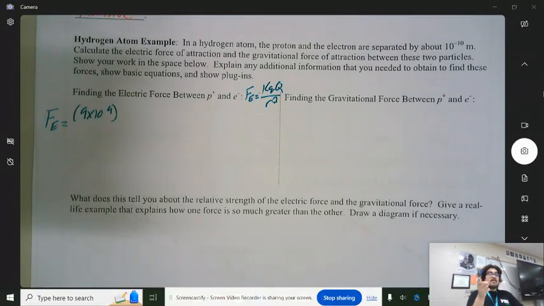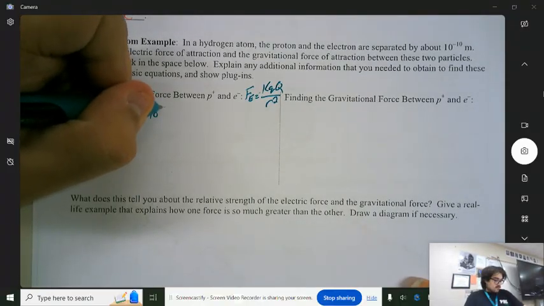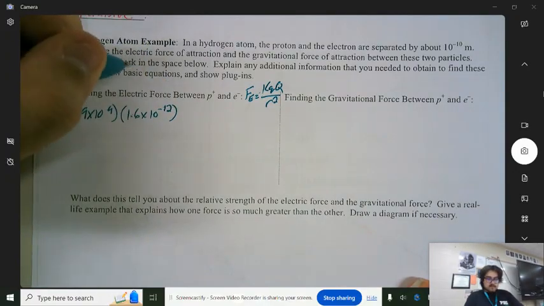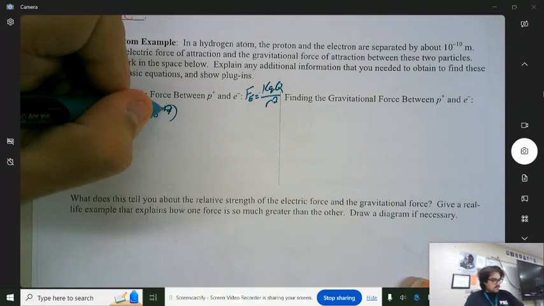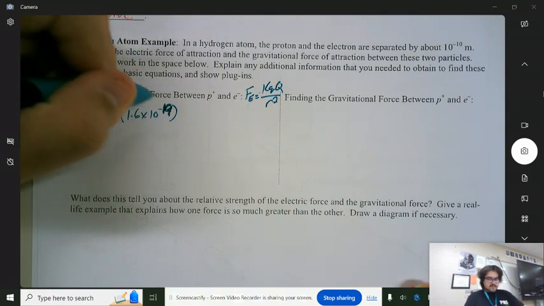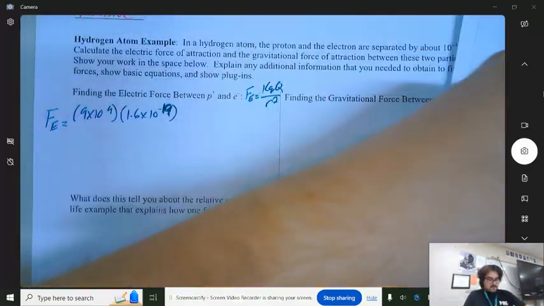The charge of a proton and electron is the elementary charge, and they have the same charge, so little q and big Q are equal to each other. Let's just square it: 1.6 times 10 to the negative 19, sorry, I wrote 12 in the key by mistake. I'll fix that. You know my handwriting is bad.